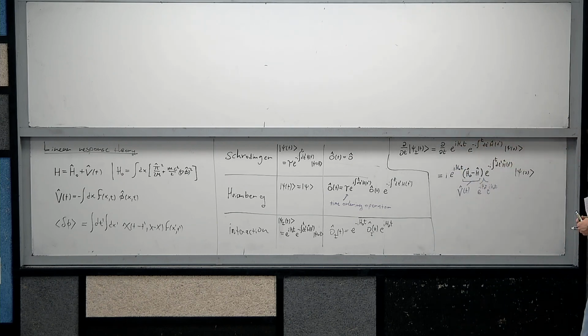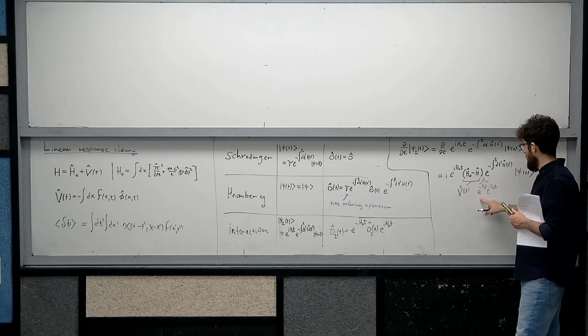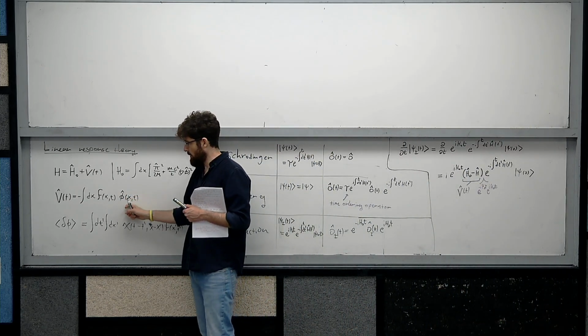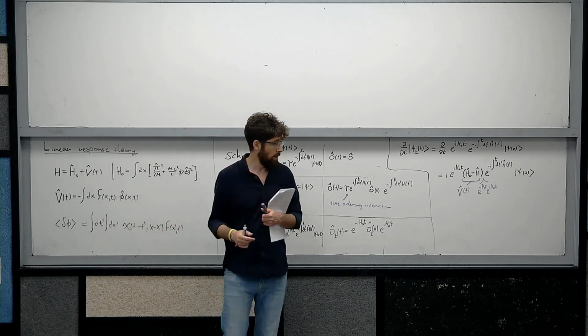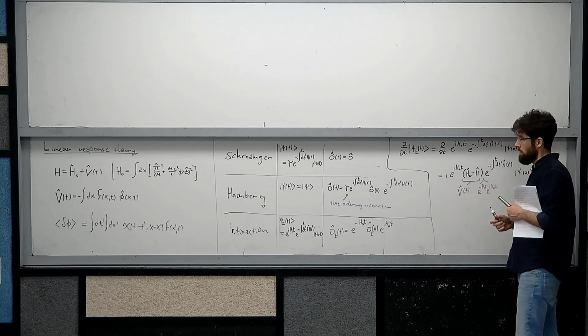Okay? So what you see here is that basically what we're doing with these operators here is we're evolving this phi. Instead of being just phi the operator, it becomes now a phi in the interaction picture.